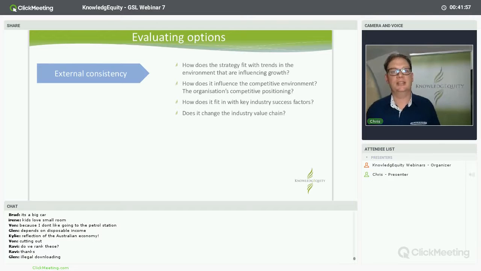That's so important. Does it fit in with the key industry success factors, right? So you're picking something to do, but what you're going to build, an asset that you're going to purchase, doesn't really deliver against a key industry success factor that is part of the basis of competition, required for all companies, who need to do this thing well in order to do fairly well in the industry, to be profitable.